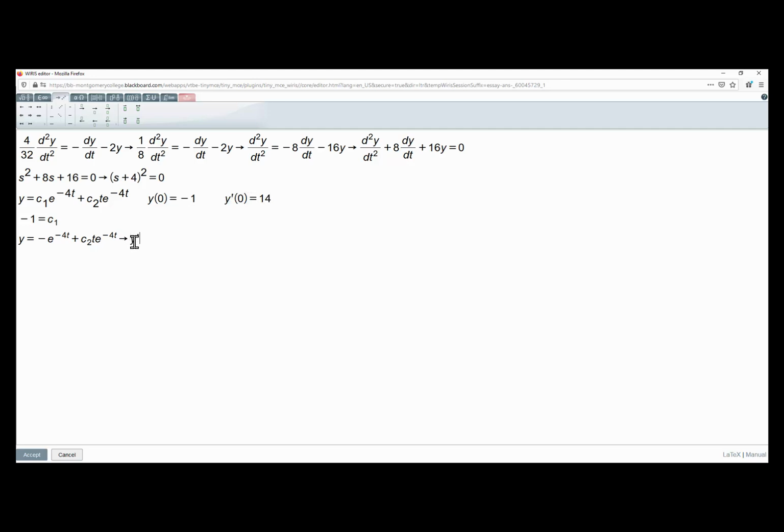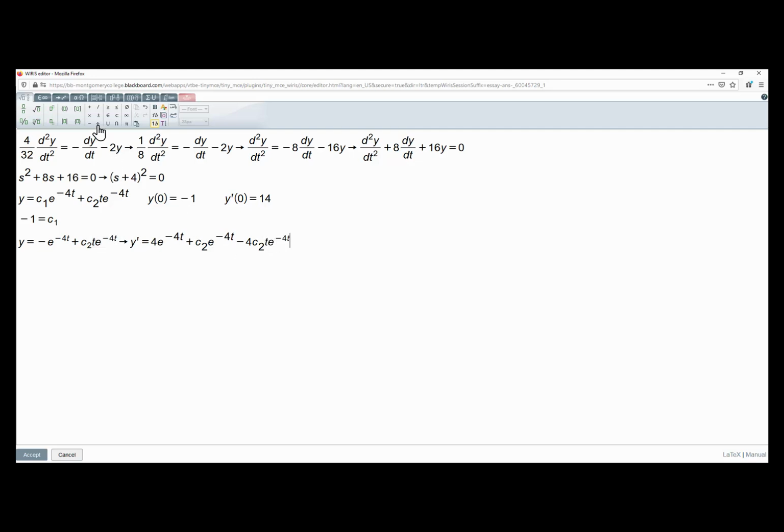If we go for the y prime, what do we get? We get 4e to the negative 4t by differentiating the first part, and then plus c2, and the derivative of t is 1, so we simply get e to the negative 4t. Then we differentiate this portion, so we get negative 4 c2 t times e to the negative 4t.